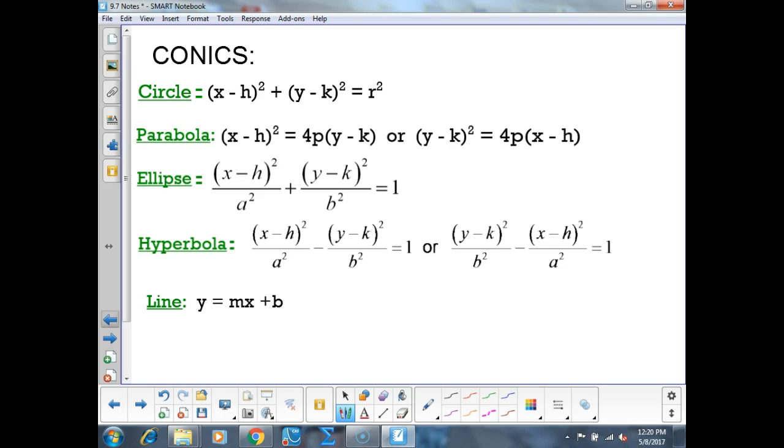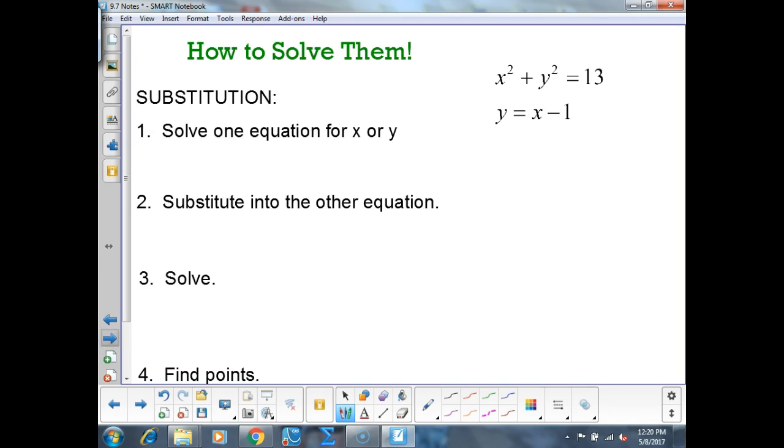So you might have multiple intersection points, and you've got to find them all. So the first question that you ask even before you start this is, what do I have? That's the question you need to ask yourself. What kind of a system is this? Well, you look at your equations.